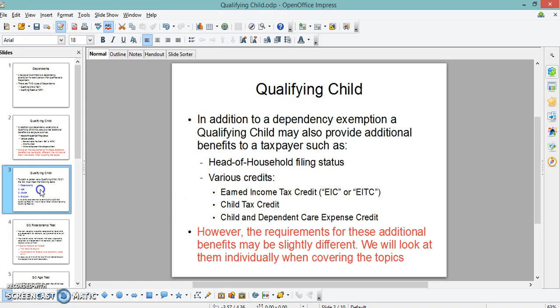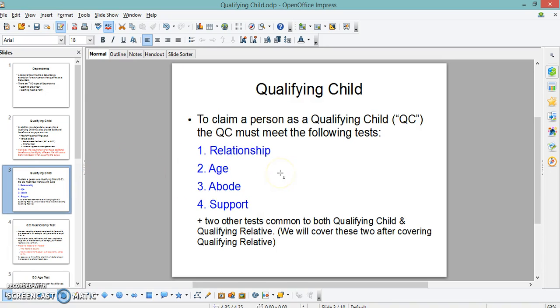So it's very important to know the requirements for the qualifying child, and there are 4 requirements that need to be met by the qualifying child to be claimed as a dependent. There are 2 additional requirements we're going to look at later, but these 4 that you see in blue are unique to qualifying child.